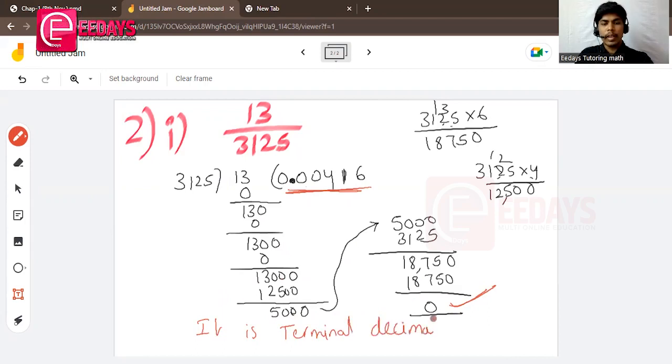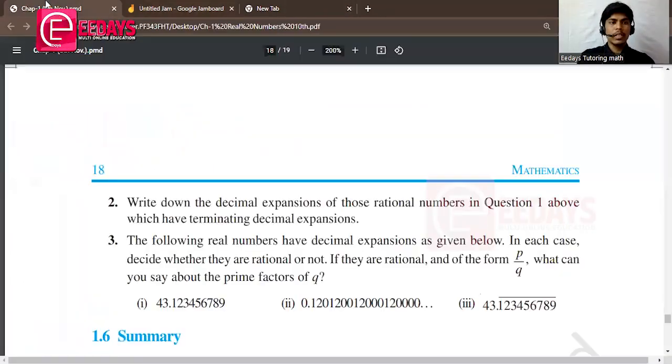Why? Because you'll get remainder is 0. I hope everyone understood. If you couldn't get 0 here, and you are getting other numbers, then in that case you just write that it is not terminating. I hope everyone understood how to solve the first one.